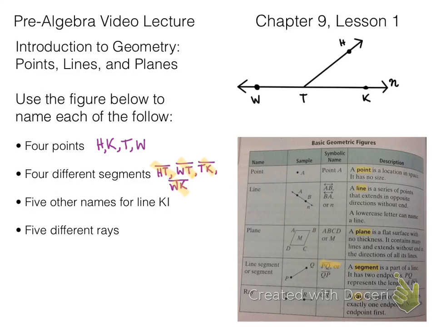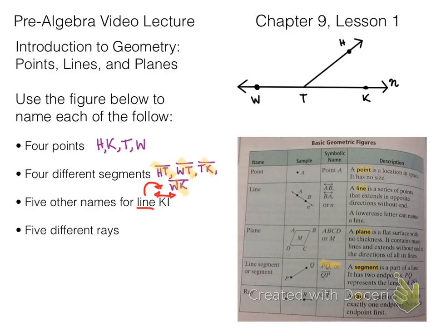All right, now if I wanted to talk just about the lines, I want 5 other names for it. I'm going to name just the line part. Right now I can talk about the fact that the lines go through the points and actually form a line. So 5 other names for the line, and it's a line, so I need to treat it like a line with my symbols. Lines have arrows at either end.